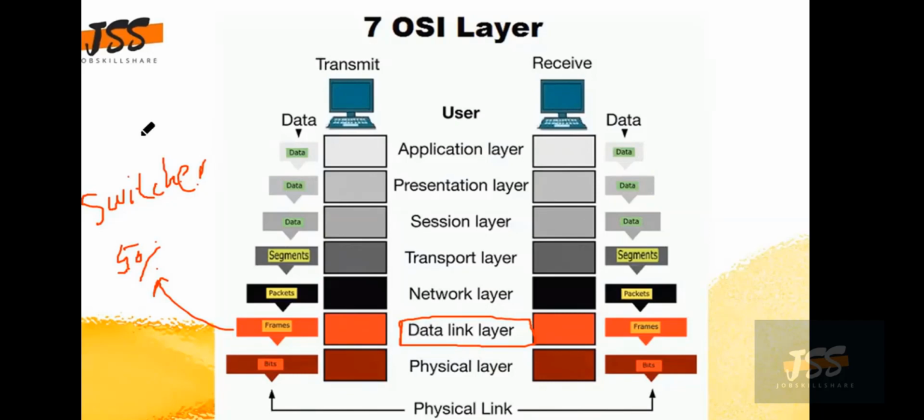Whatever it receives at one port, it sends out to the other ports. This is what a switch does. And switches use a very important concept called MAC addresses, which we are going to learn later on. With the help of MAC addresses, it is going to communicate. So all these things happen at the data link layer.